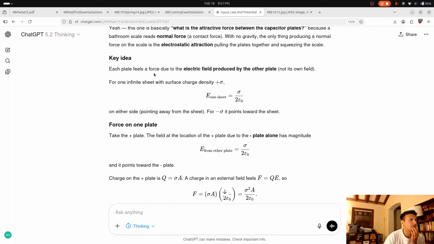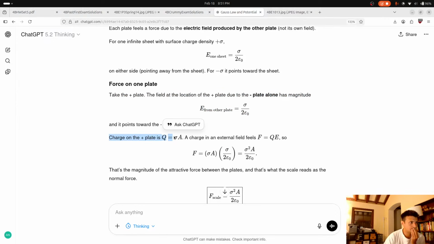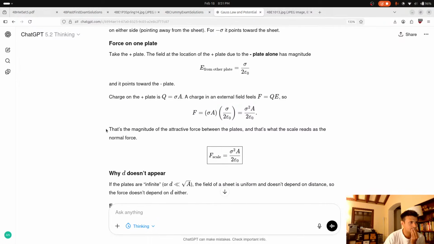By the other plate. That's the magnitude of the attractive force between the plates.